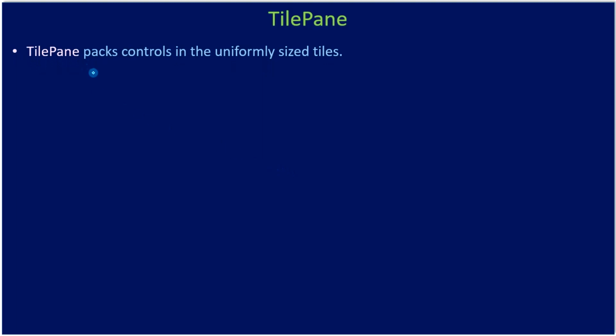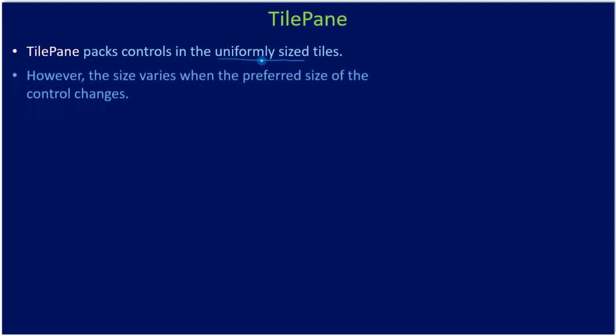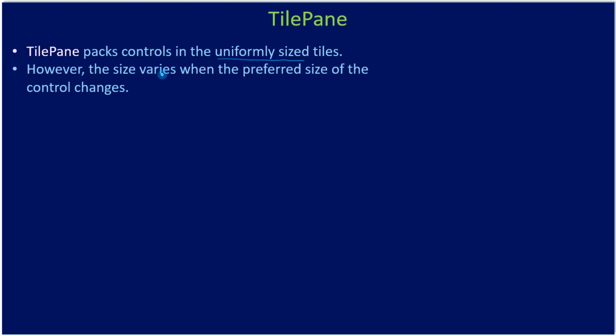Tile pane packs controls in uniformly sized tiles. However, the size varies when the preferred size of the control changes. That means if you have two buttons, button 1 is holding the label 1 and button 2 is holding the label text, and you see the preferred size of the button is different.